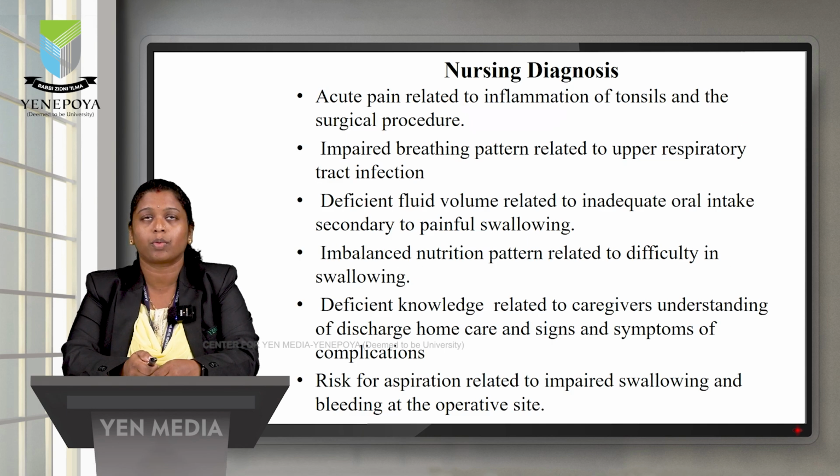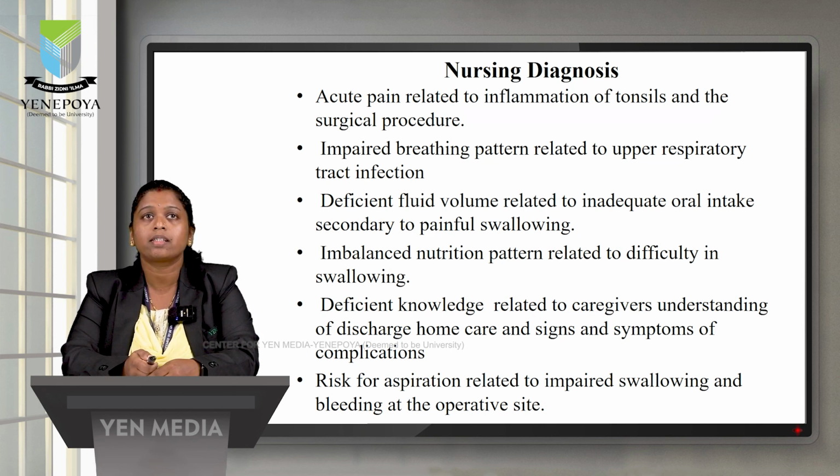Then next is about the nursing diagnosis. For the patients who are suffering with tonsillitis, you can write these nursing diagnoses. The first one is acute pain related to inflammation of tonsils and the surgical procedure.